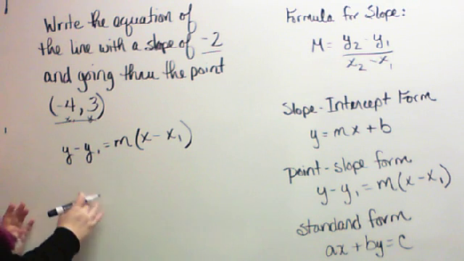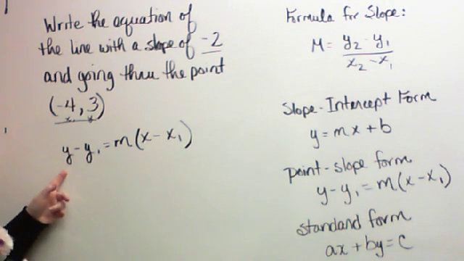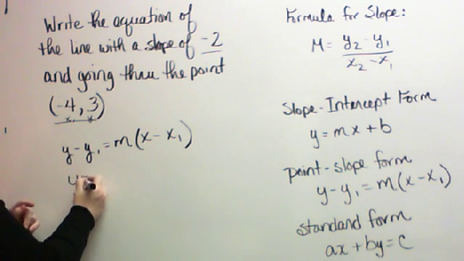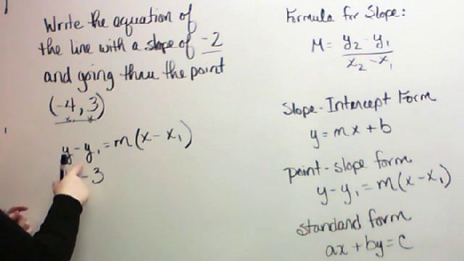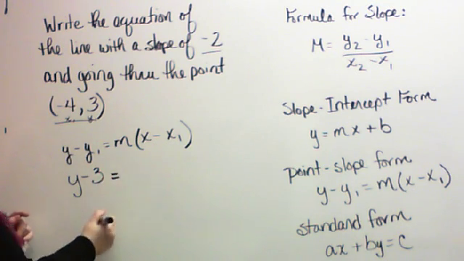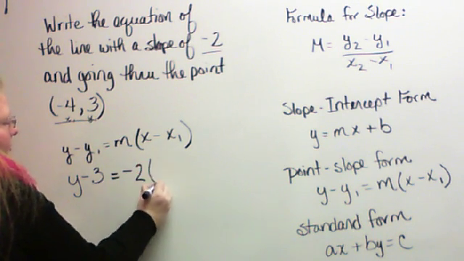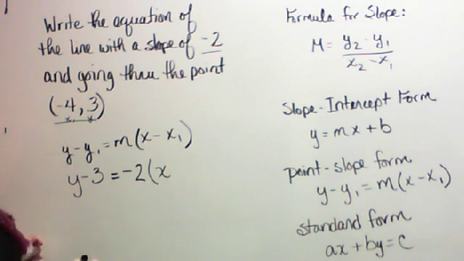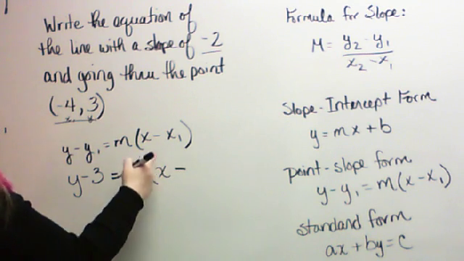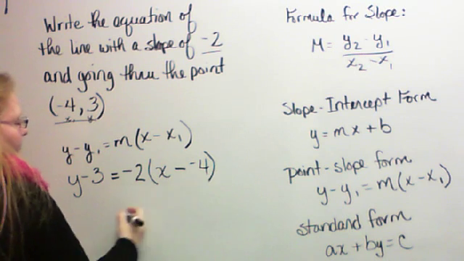And when I do this, I always want a y left in my answer, so I'm going to leave my y there. But my y1 is what I'm going to put in, and that's 3. There's a minus because there was a minus in the formula. My m, we said, was -2, so I put that where m is. Then my x has to stay an x because we need an x in our equation, minus because there's a minus in the formula, and then x1 is over here, so that was -4.